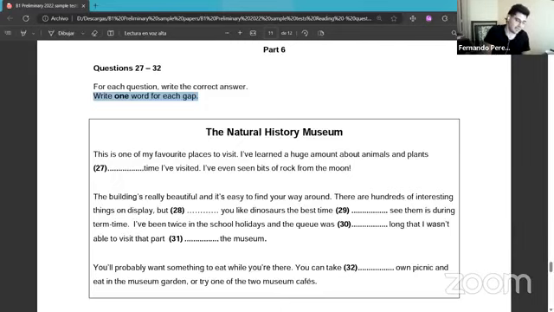The clock will mark 15 minutes. 1, 2, 3. Let's go.